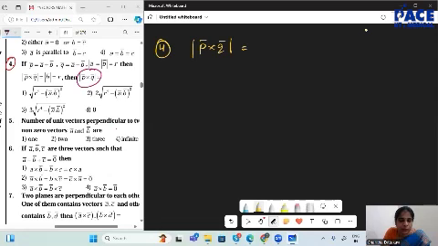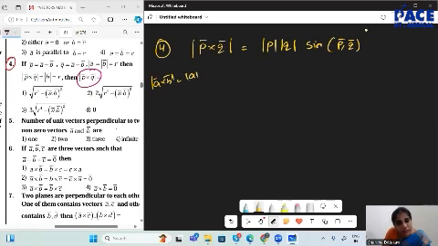Now, how do I proceed with this? Think about it. What is P cross Q according to us? That is mod P, mod Q into sine of the angle between P and Q vectors. Agree with that? It is based on A cross B. What is A cross B?